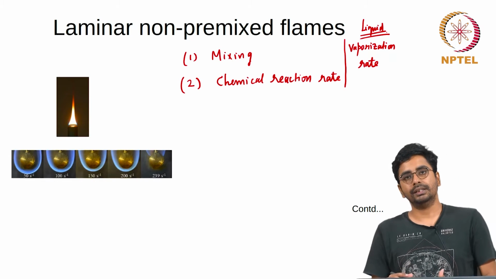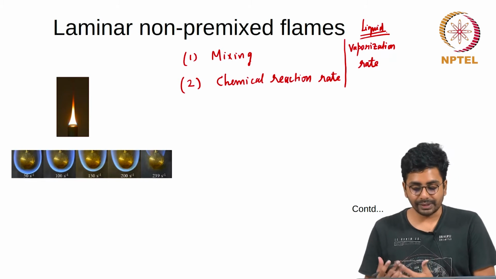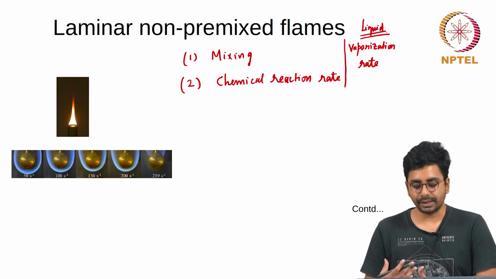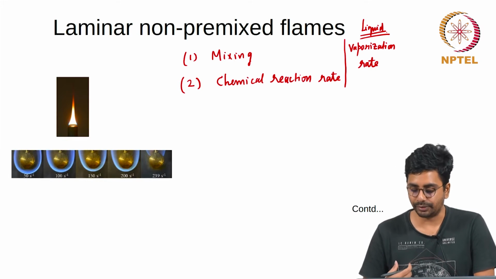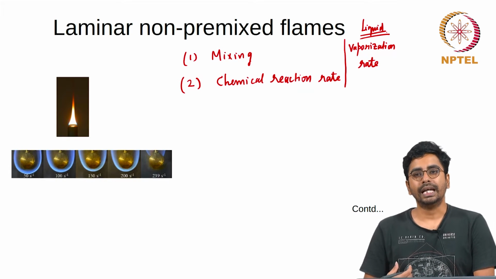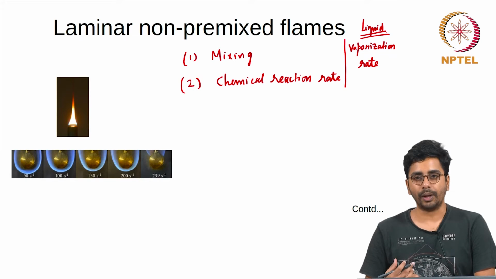In fact, we could say that in propulsion systems using liquid fuels, where the fuel is introduced as a fine spray into the combustion chamber, invariably it is the vaporization time of the droplets that controls the fuel consumption rate.